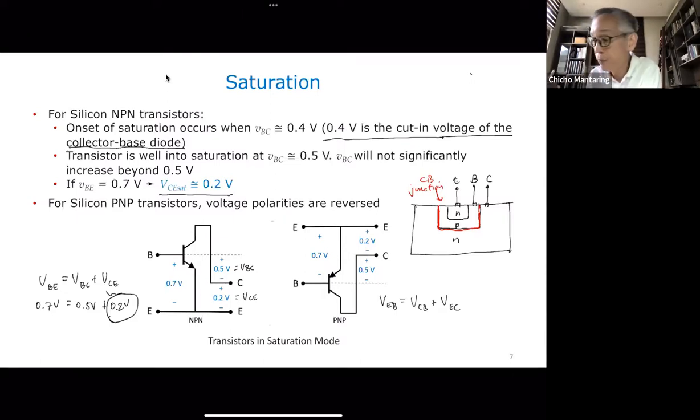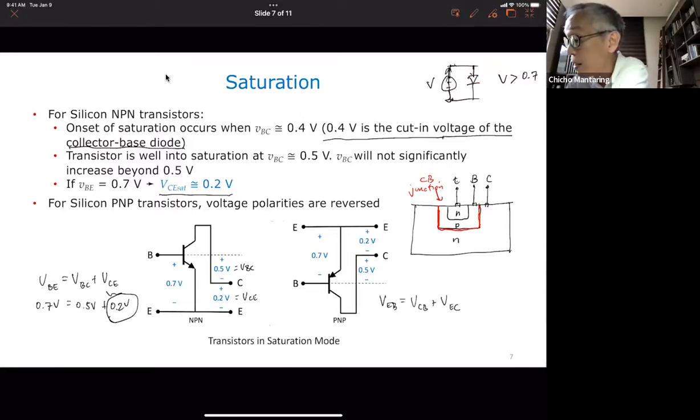If you take a diode, and you apply a voltage, let's say you apply a voltage where V is greater than 0.7, what do you expect to happen to this diode? First of all, based on what you learned in Triple E 123, this is an invalid circuit. Because here you have a voltage V, here you have a voltage of 0.7. Let me redraw that, my drawing is a bit messy. Okay?